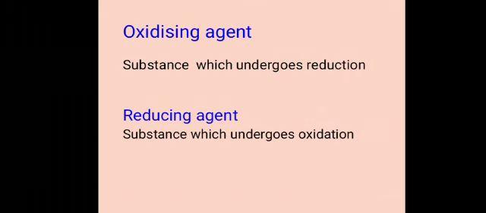And in most of the reactions, this oxidation and reduction occur simultaneously. That means if one reactant is undergoing oxidation, the other reactant is undergoing reduction. Such reactions are known as redox reactions.